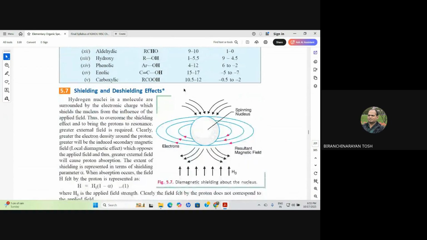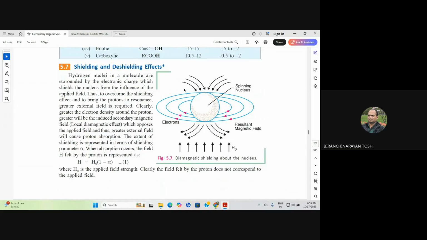Now the shielding and deshielding effect, how it happens. Hydrogen nuclei in a molecule, as we know, are surrounded by electronic charge, which shields the nucleus from the influence of the applied field. Thus, to overcome the shielding effect and bring the proton to resonance, a greater external field is required.